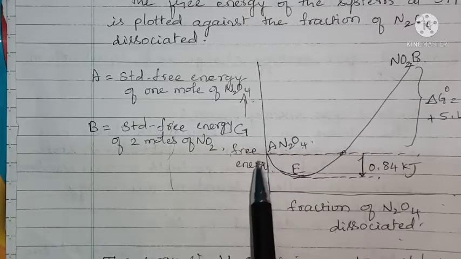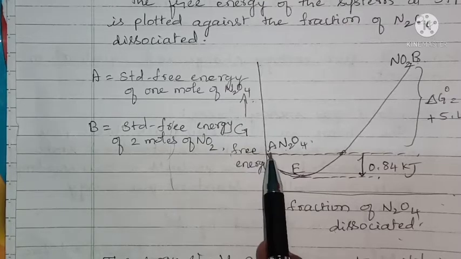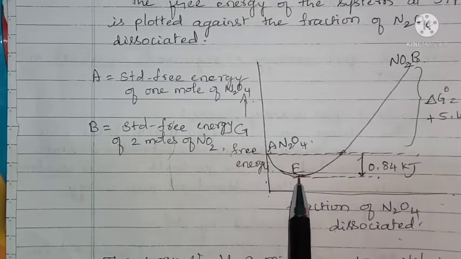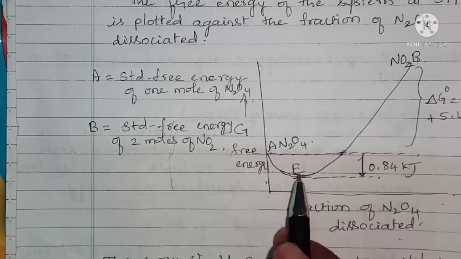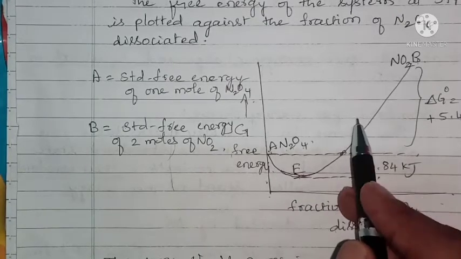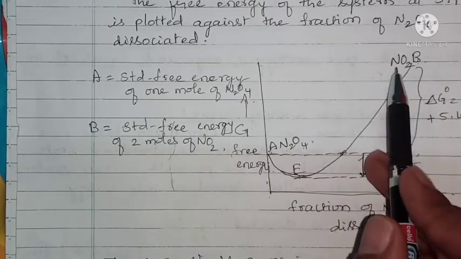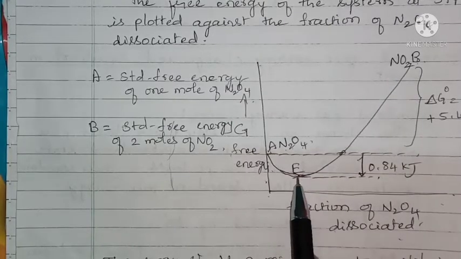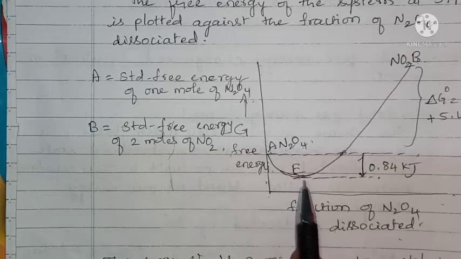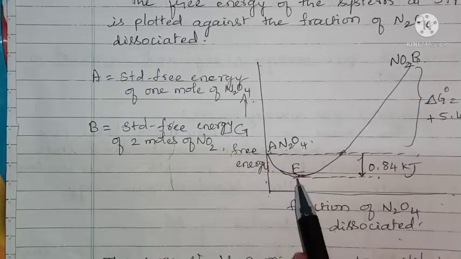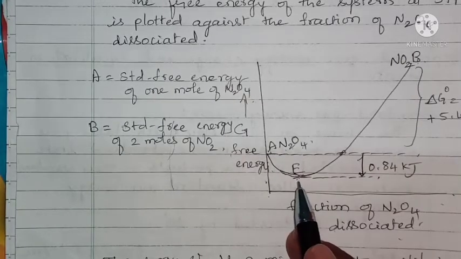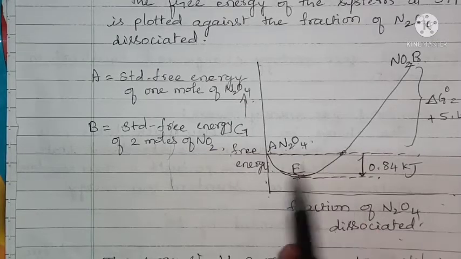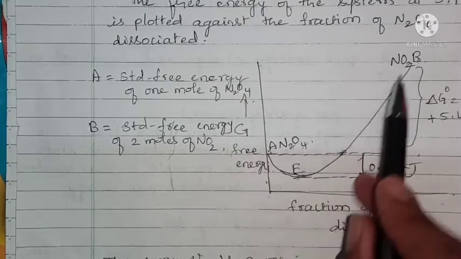Whenever you compare the free energy of N2O4 with E, the change is negative. And whenever you compare the free energy of NO2 with the equilibrium mixture, E, it is also negative. It means equilibrium has lower delta G value compared to N2O4 as well as NO2.